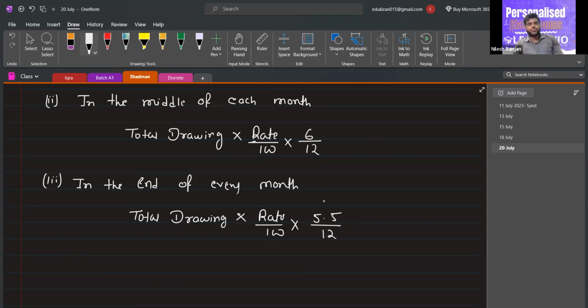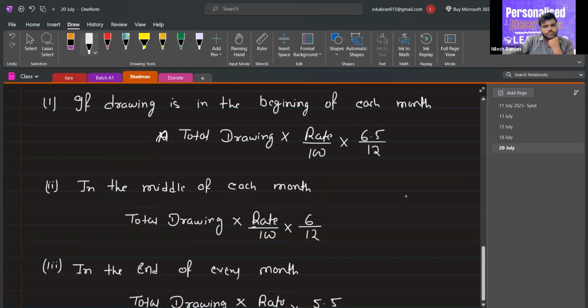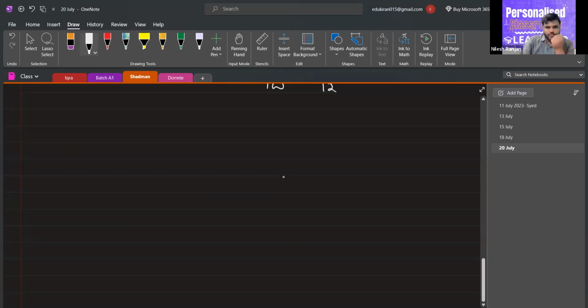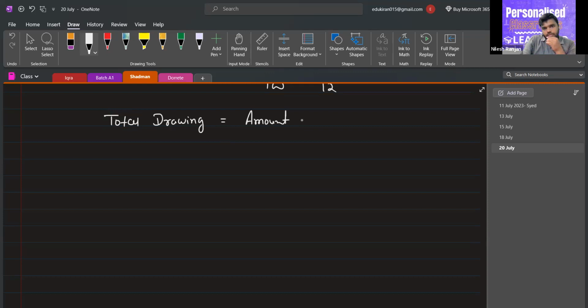Now, what is this 6.5, 6 and 5.5? Yes, this is your main doubt. Total drawing will be the amount of drawing multiplied by the number of drawings.